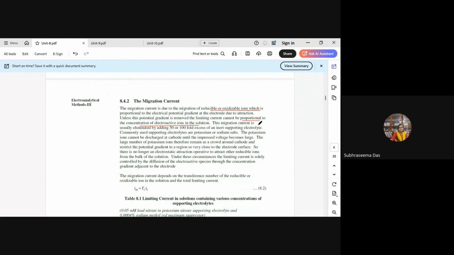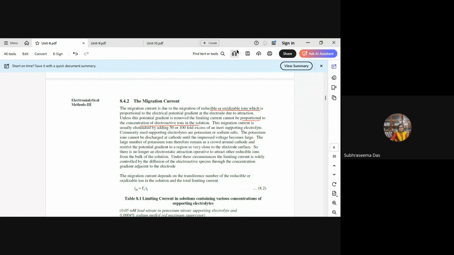Now what are the common supporting electrolytes that are used? They are mostly potassium or sodium salts. The potassium ions cannot be discharged at the cathode until the impressed voltage becomes very large.